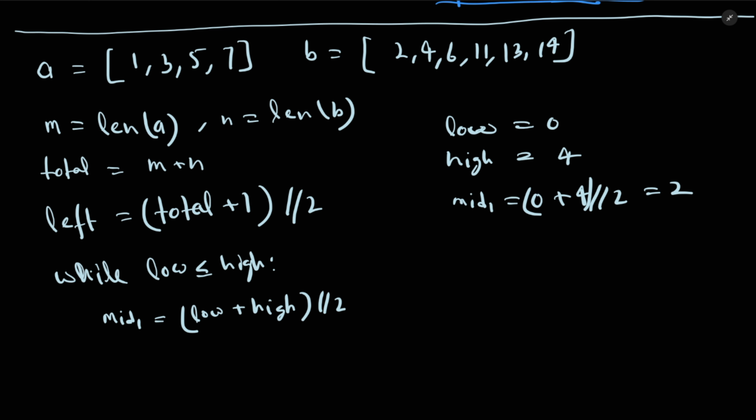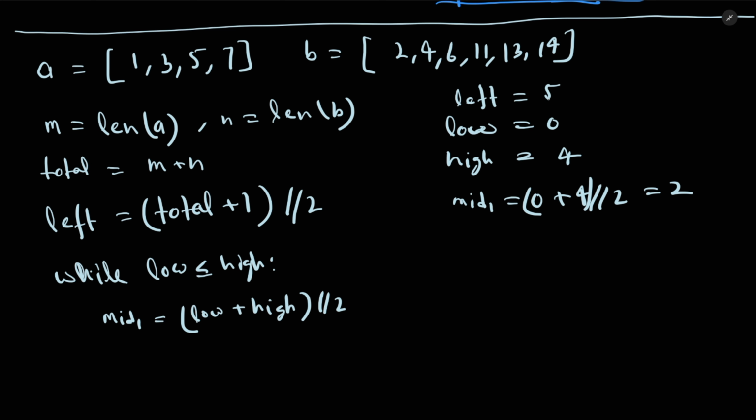I have taken these 2 elements from array A. I will also need mid 2 from array B, which will tell me how many elements I need from array B. How can I get that? I have the total number of elements on the left side. Left is basically total plus 1 divided by 2, so this is 10 plus 1, 11 divided by 2, and this will be 5.